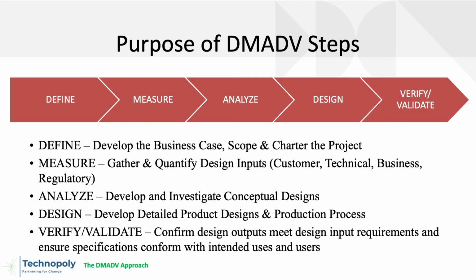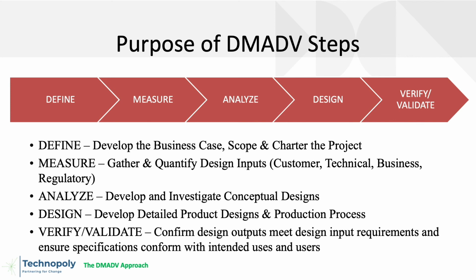Each step in the DMADV has a purpose. Define talks about developing a good business case, scoping and making sure that the project development team is clear on what the intention is for their design challenge.